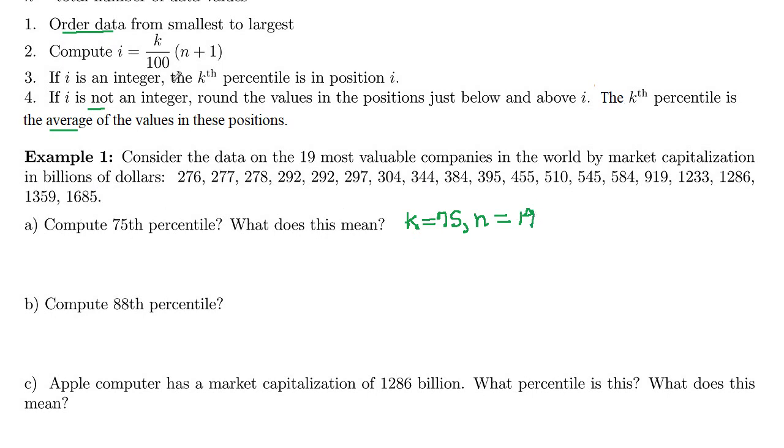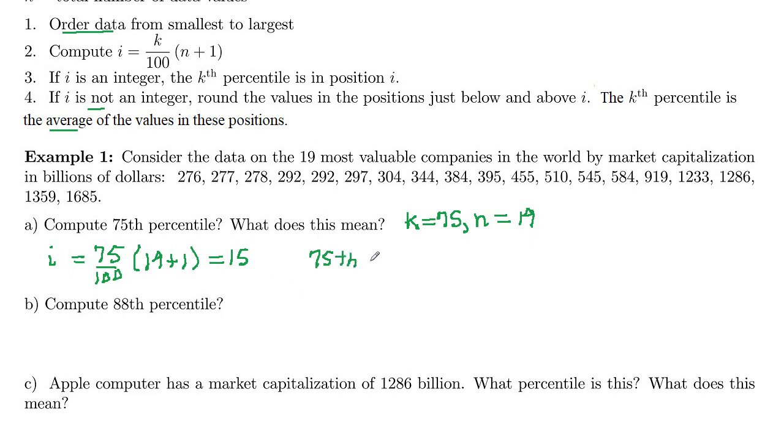We're now going to compute our index I. So I is going to be equal to 75 over 100, times n is 19, so 19 plus 1. And if you do the calculator work there, that will give you 15. That means that our 75th percentile is in position 15.